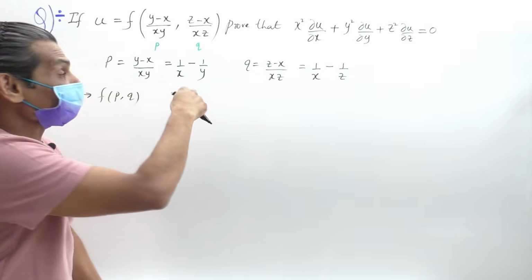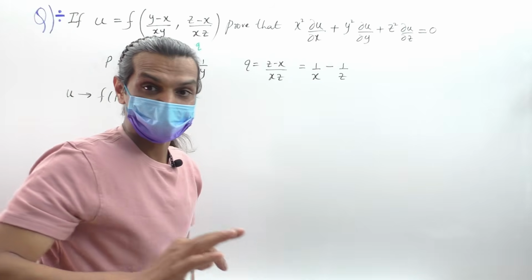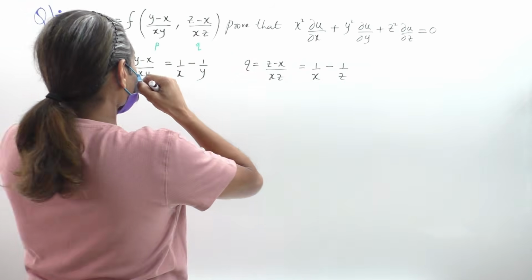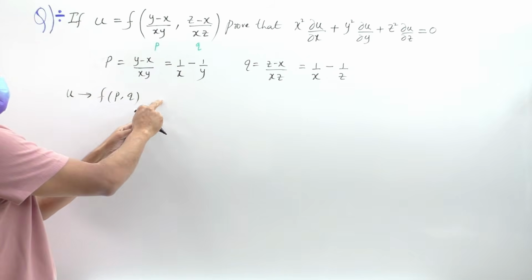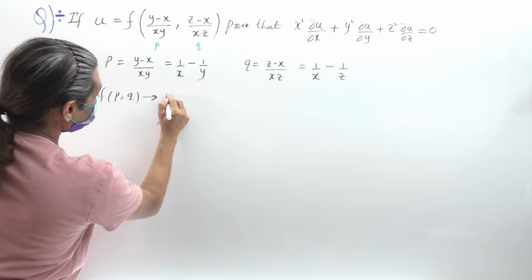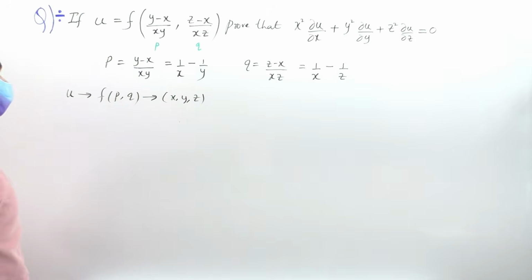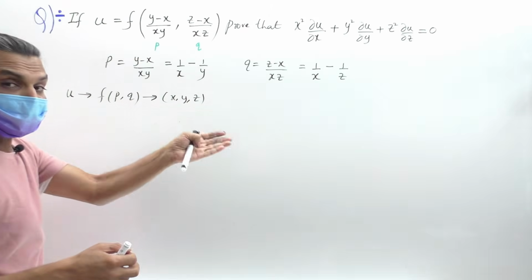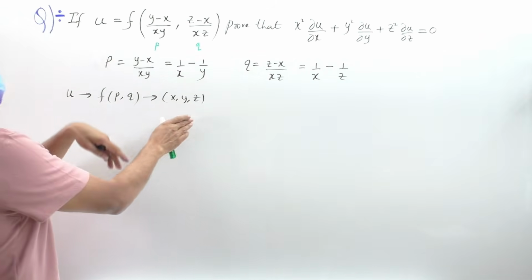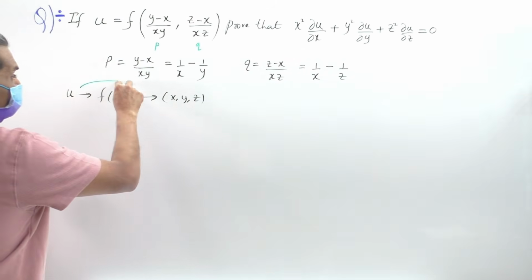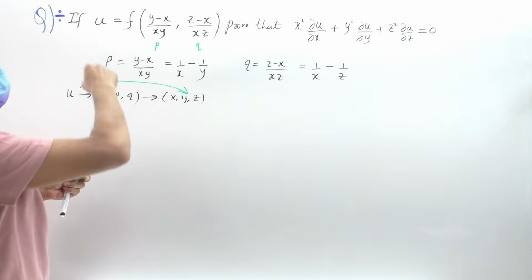P and Q are written in terms of x, y and z. Therefore, u is a function of P and Q, and P and Q is a function of x, y and z. That means u is a function of x, y, z.